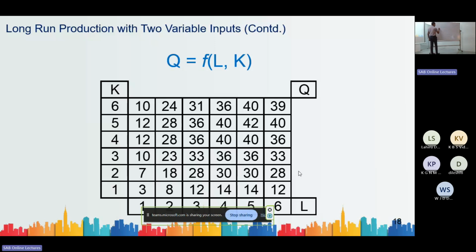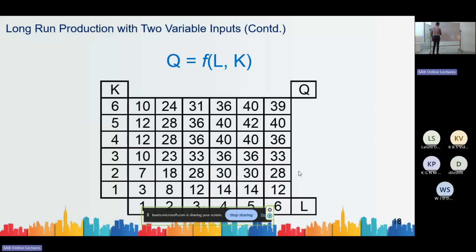So, for example, if the firm combines, let's say, 10 units of capital with 1 unit of labor, the firm can produce 1000 units of output. Again, when the firm combines 7 units of capital with 2 units of labor, again the firm can produce 1000 units of output.